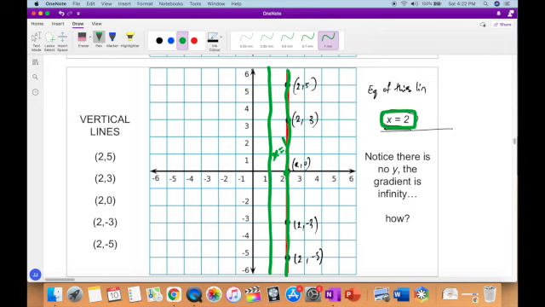So if I was to draw a vertical line cutting the x-axis at 0, that vertical line will be the line x is equal to 0. So for vertical lines, you could just write a note that the equation of the y-axis is actually x equals 0.